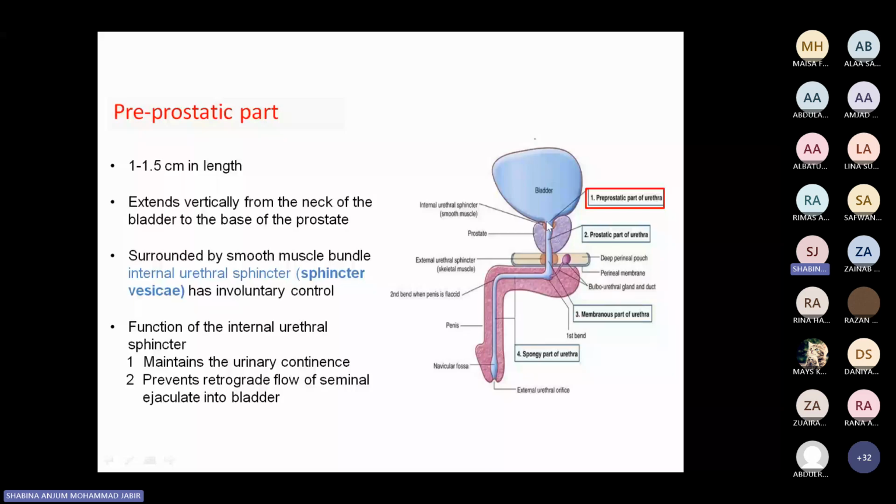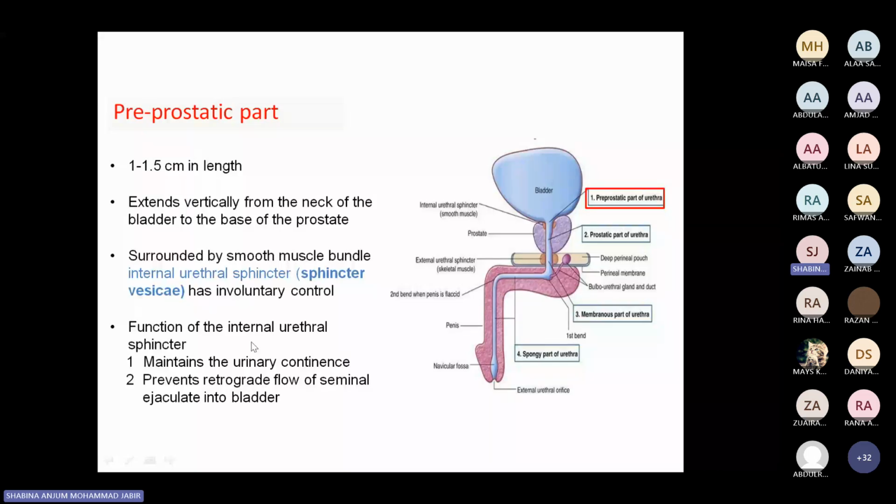It will be from the neck to the base of the prostate. It is surrounded by smooth muscles which will form the internal urethral sphincter. This sphincter is called the sphincter vesicae. It has involuntary control. What will be the function?